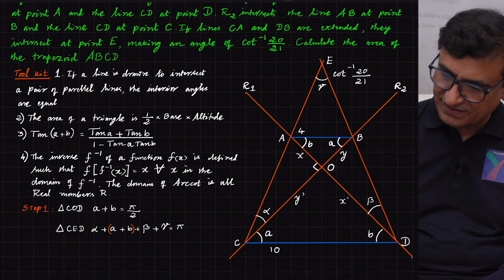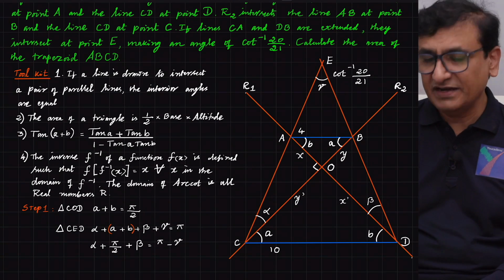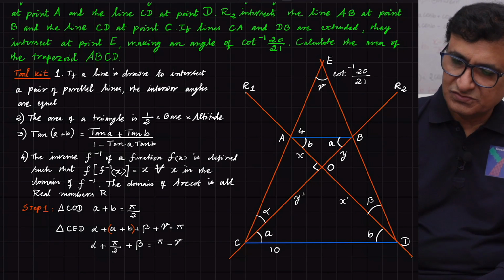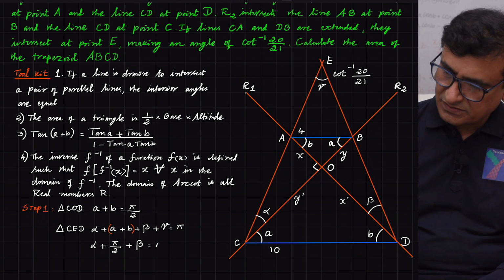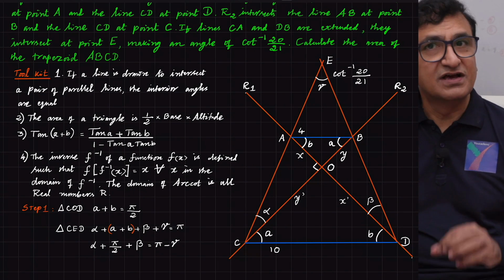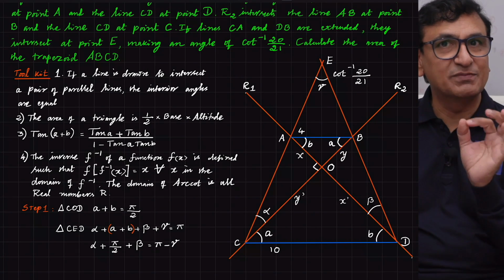So this can be written as alpha plus pi by 2 plus beta equals pi minus gamma, right? Okay, now, so we have the expression alpha plus beta plus pi by 2 equals pi minus gamma.